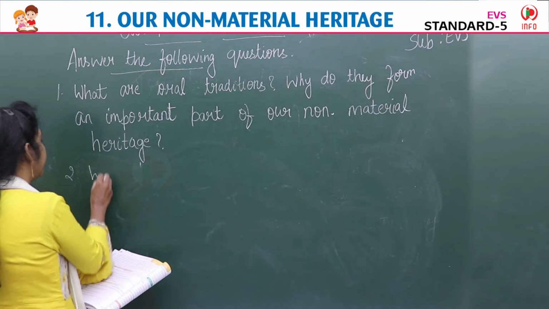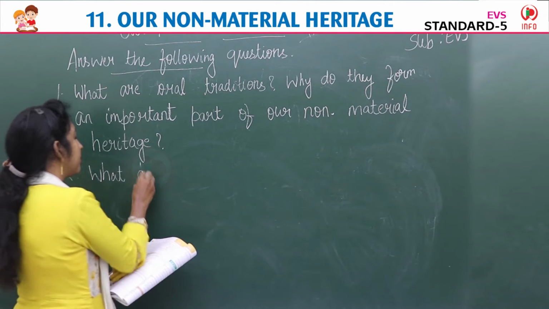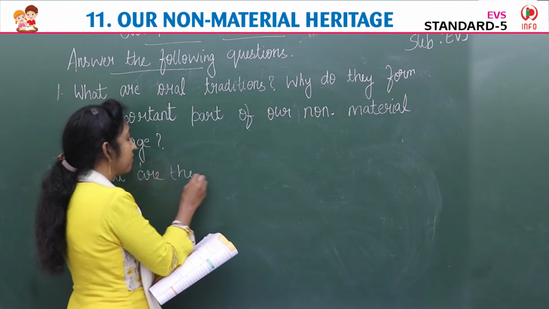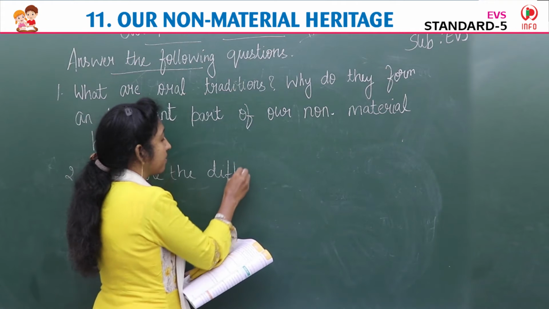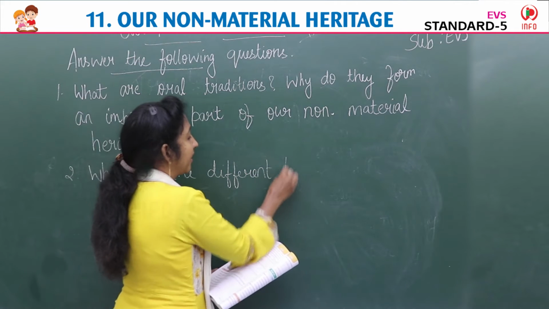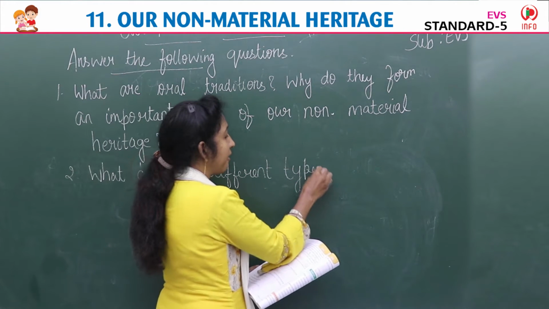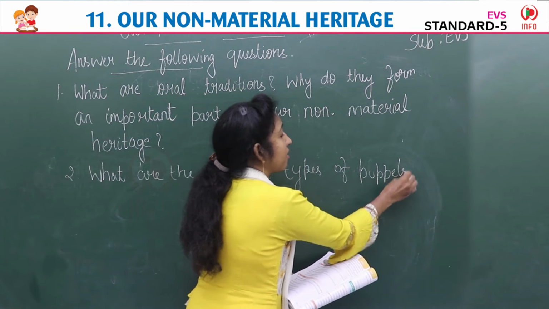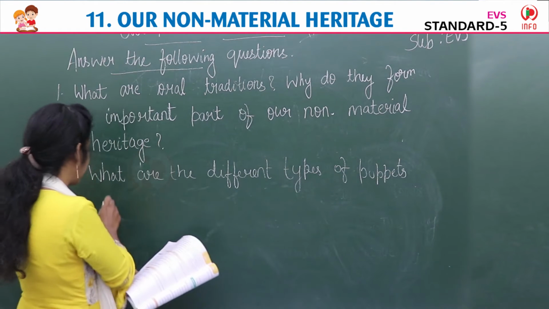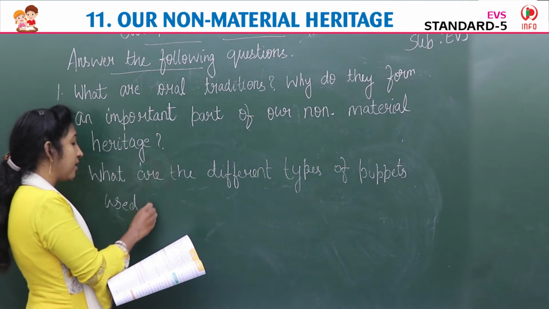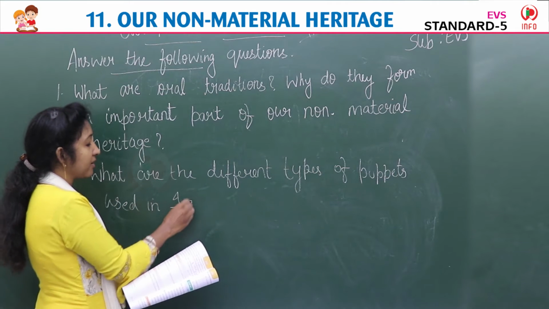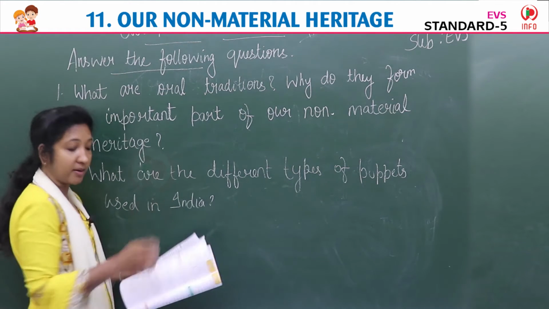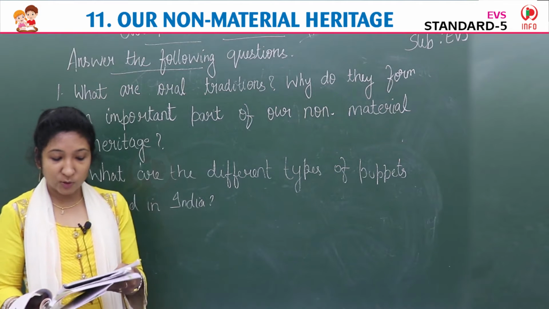What are the different types of puppets used in India? We have learned about different kinds of puppets, isn't it, children? So what are the different types of puppets used in India?